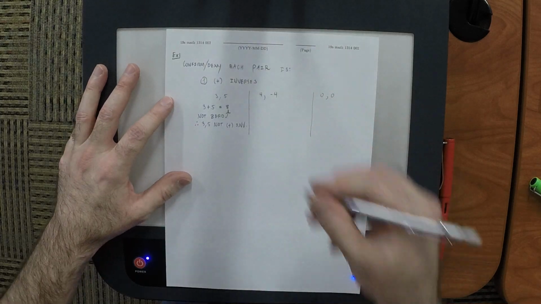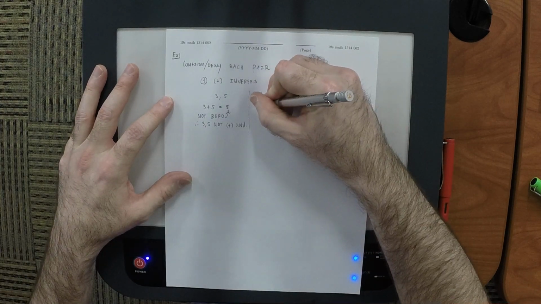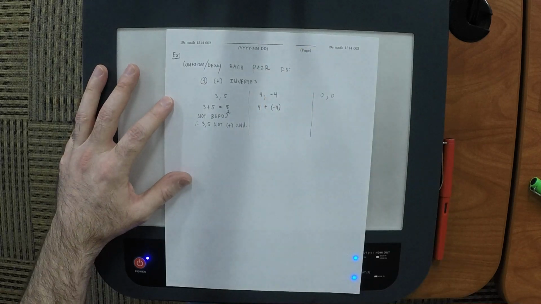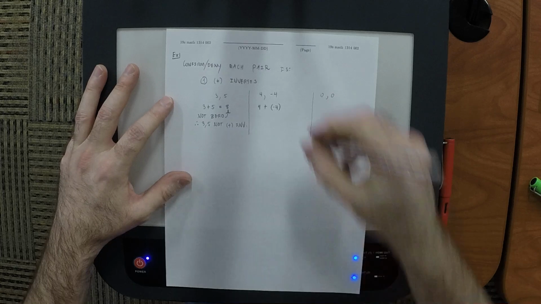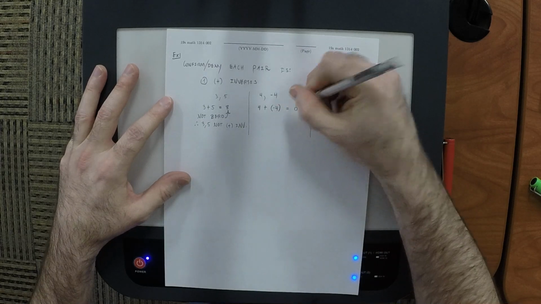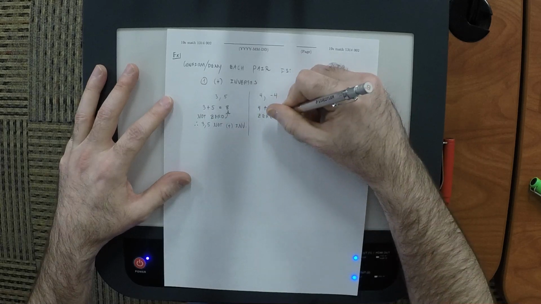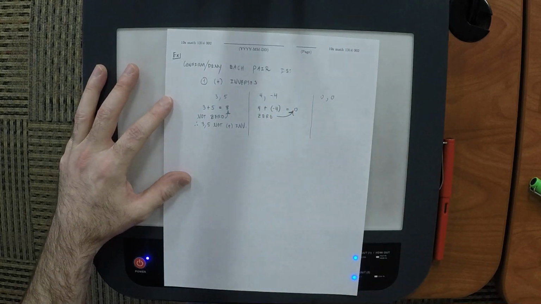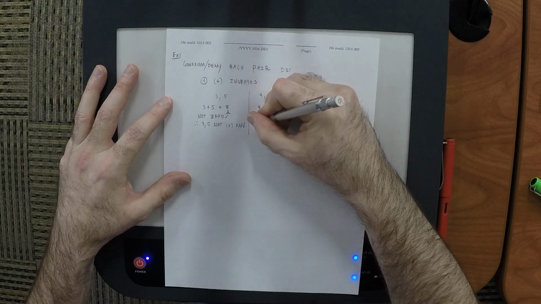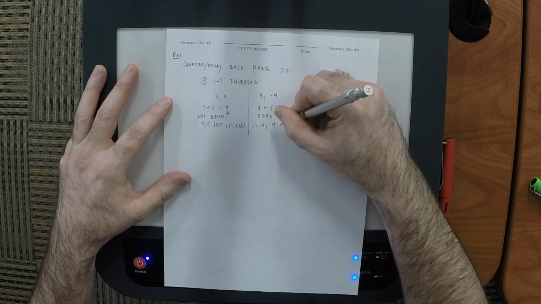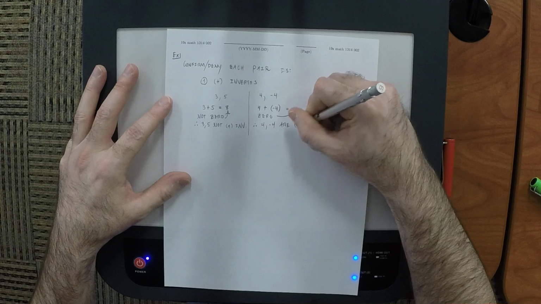It's going to be yes. We'll do 4 plus negative 4. So we add them, and the result is 0. We got a 0. So therefore, 4 and negative 4 are additive inverses.